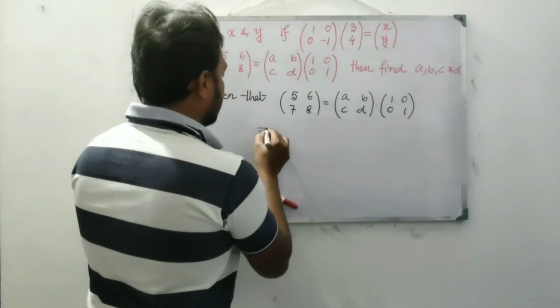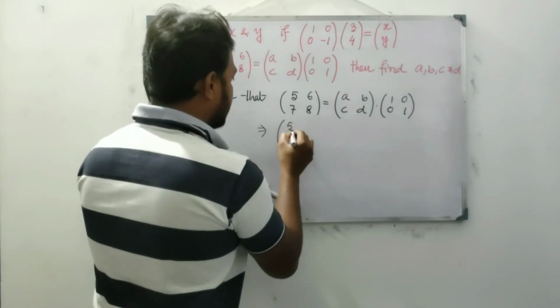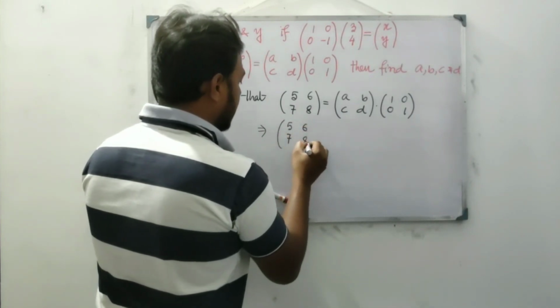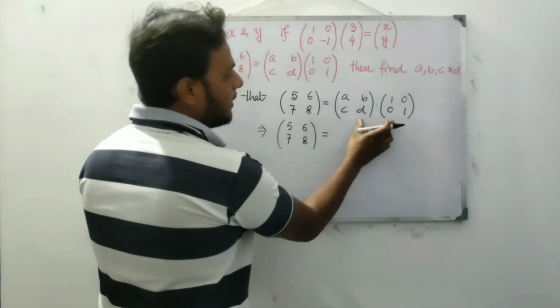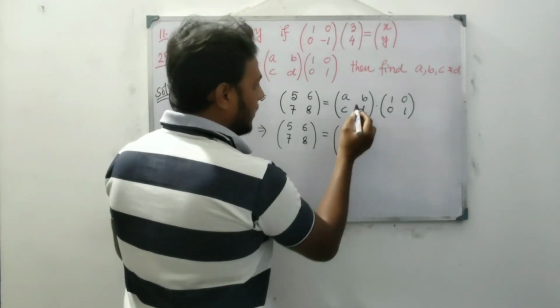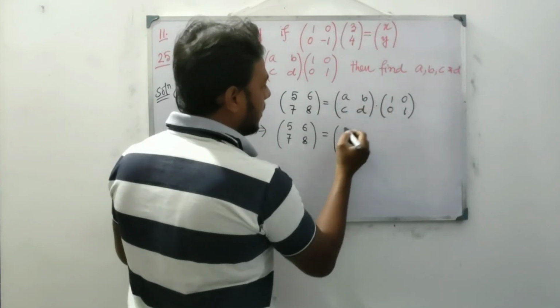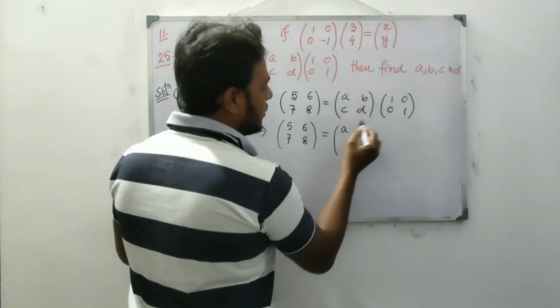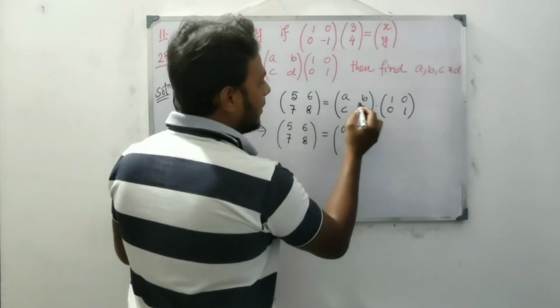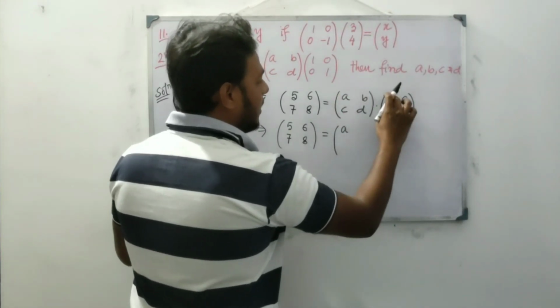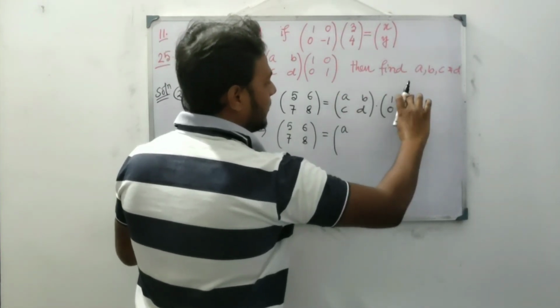Okay, that implies, keeping it unchanged, [5 7; 6 8] equals, if we multiply these two, row and column, then A into 1 means A plus B into 0 means 0. So only A. So now first row, first column is done. So first row with second column.